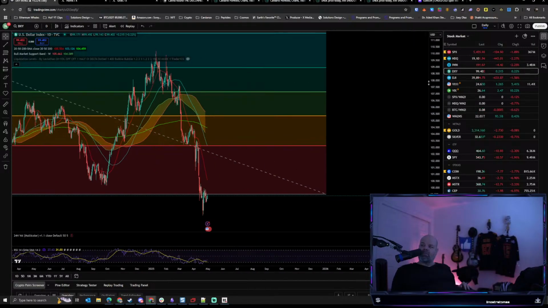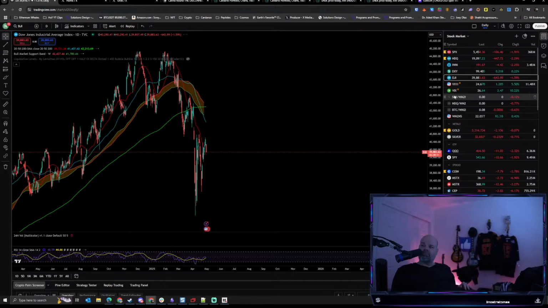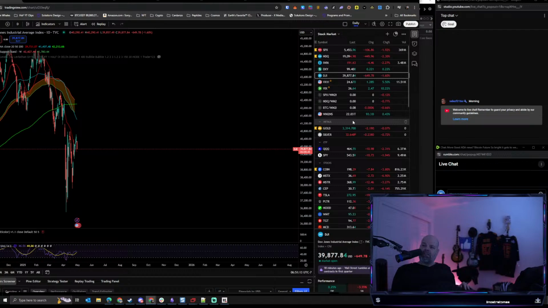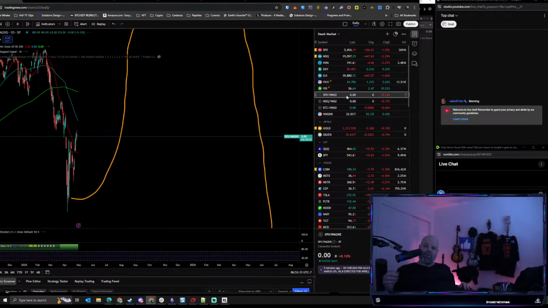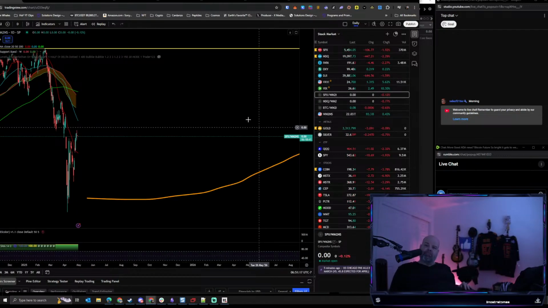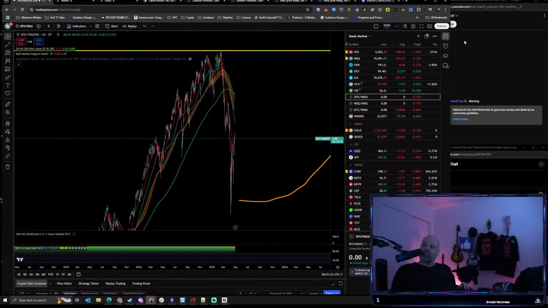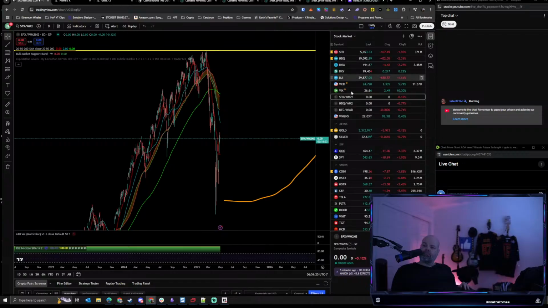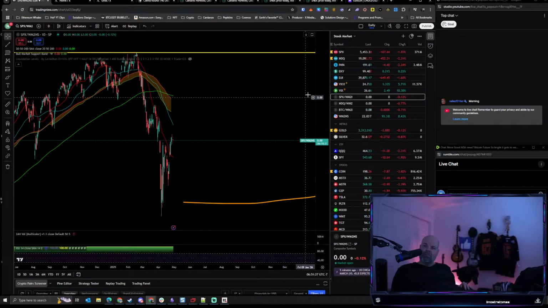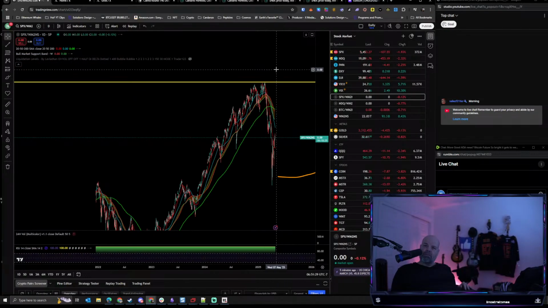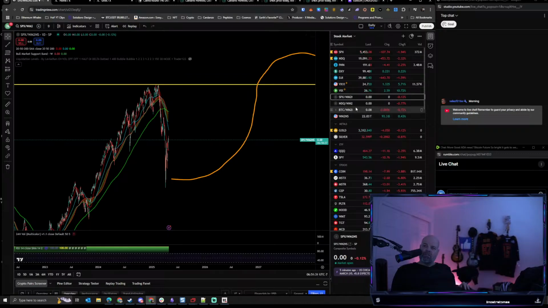Dollar up 21 cents. Oh no, the dollar's going back up. Volatility up 250. Yikes. SPX WM2, still hanging in there.